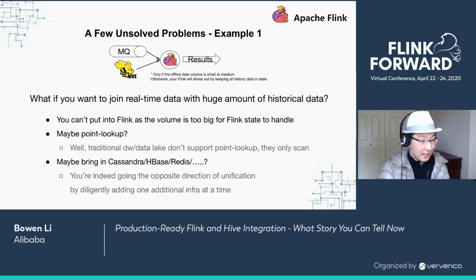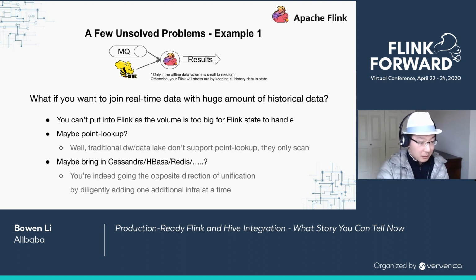Well, you may say, hey, I probably don't want to import any data from Hive into Flink, but just do a point lookup, right? When we process data in Flink, we make some kind of queries through RPC or JDBC to Hive, and just get the specific information that we need back to Flink.